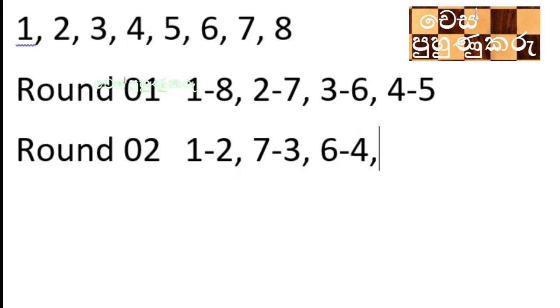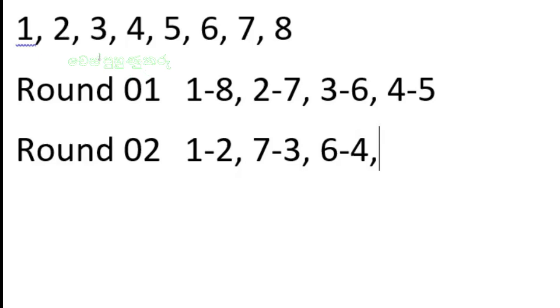Here, number 5 is playing number 8. Now, based on what I told you, is it 5 versus 8 or 8 versus 5? The last number is white with the bottom half. With the top half, the last number is black. The top numbers play white.